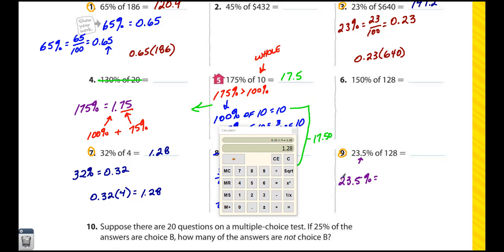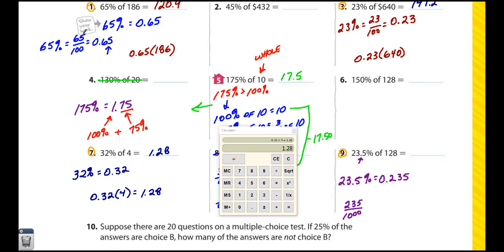So we know that this 23, if we look at that one and we look at this one, it's going to start out 0.23, and in this case it's going to be 0.235. If you were thinking of that as a fraction, it would be 235 thousandths.